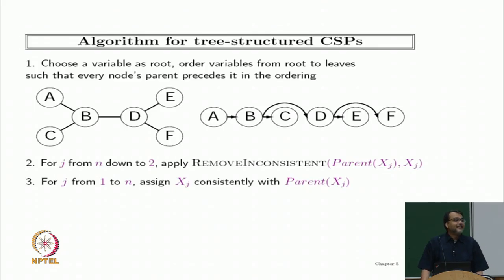In fact, there are exactly n minus 1 edges. So each arc requires d square computation and it takes order n arcs. So I get n d square in the back pass and just order n in the front pass, I guess, or something like that. So therefore, I have been able to solve this problem in such a beautiful low polynomial time if the structure is a tree.